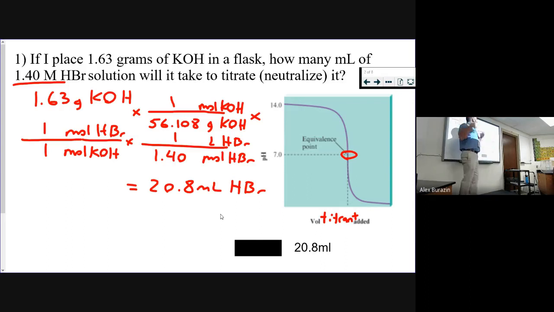Okay? Because this is a strong base and a strong acid, when I have reached the equivalence point, or the neutralization point, I should have a pH of 7. I have equal moles of acid, equal moles of base. They completely neutralize each other. What do I have left over after an acid and base have completely neutralized each other?